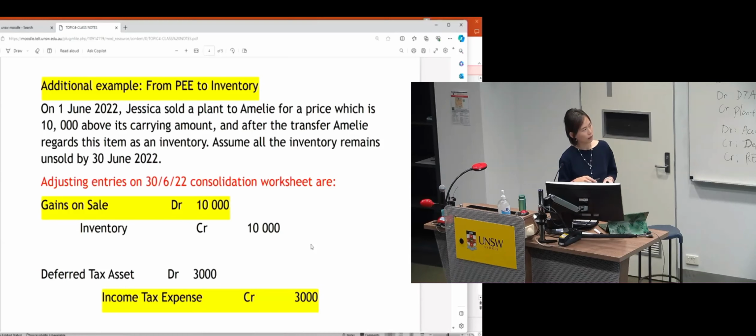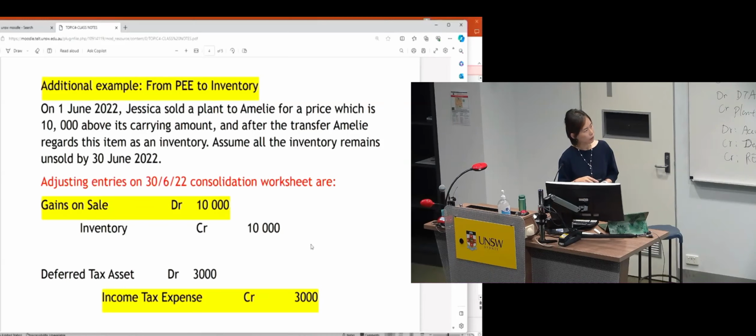These unrealized gains are actually contained in closing balance inventory, so that's the reason why the inventory carrying amount needs to be reduced by 10,000. Now this results in a tax effect entry. No gains, no tax. So tax is reduced by 3,000, that is 30% of 10,000 gains, and then we debit DTA.